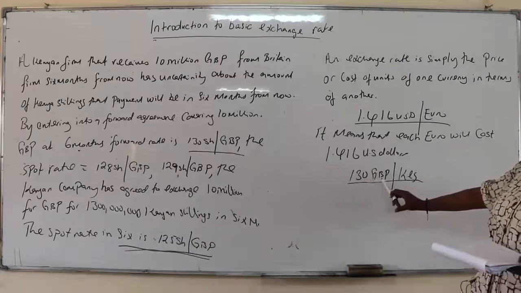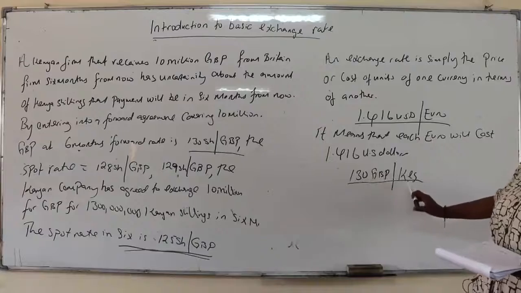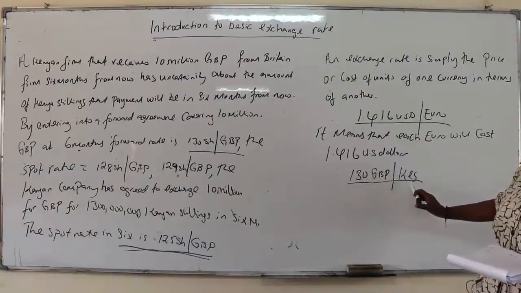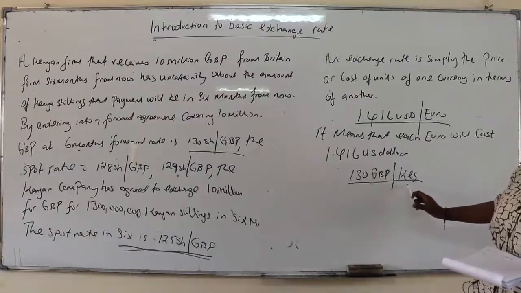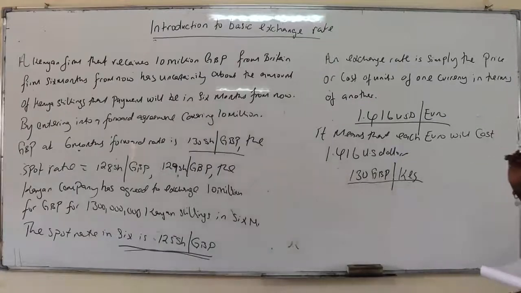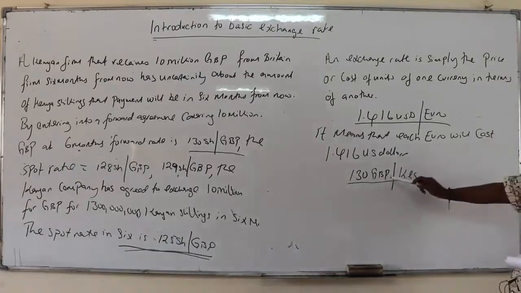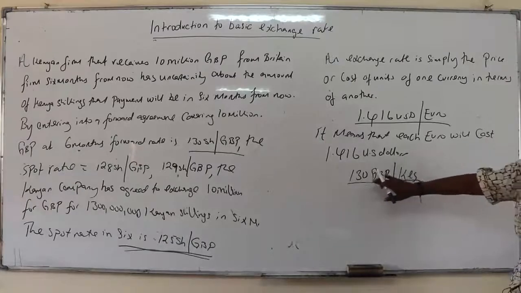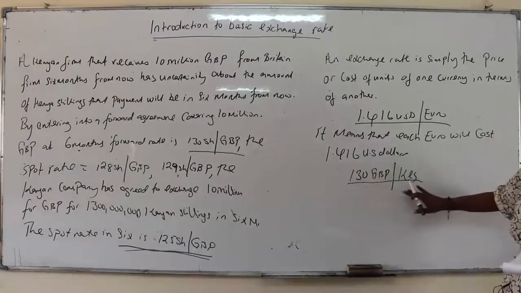What does that mean? It means that for each Great Britain pound, it is going to cost 130 Kenya shillings, yeah?